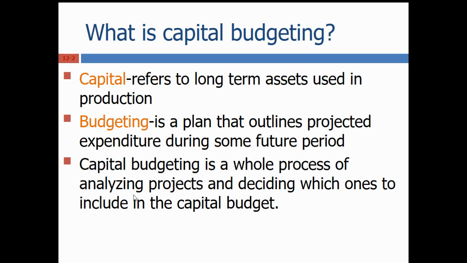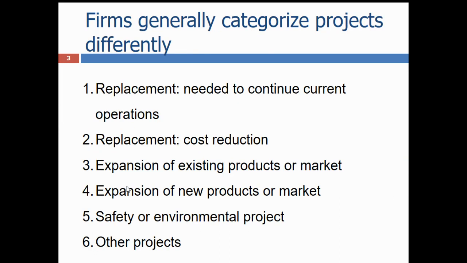You might have learned this entire chapter before: techniques like net present value, internal rate of return, payback period, discounted payback period. All those techniques will be used to analyze a project, whether the project will be viable to the company or not. So let's go to the next slide.